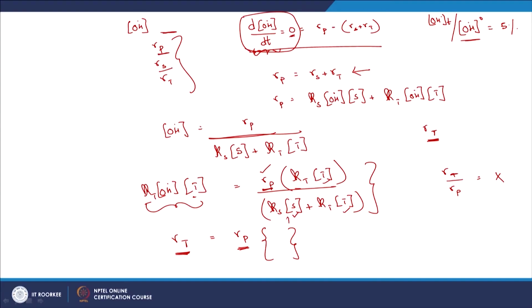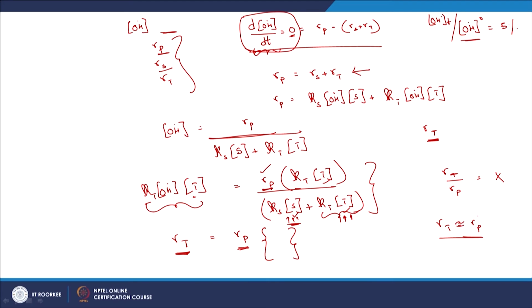But let us say if your scavenger concentration is very high, what happens in that case? Obviously, the value of x would decrease, right. So, that is what you would see here. But if the concentration of the target or Kt times T is high, what would you see then? You would see that the rate of target loss would be equal to the rate of production, right.